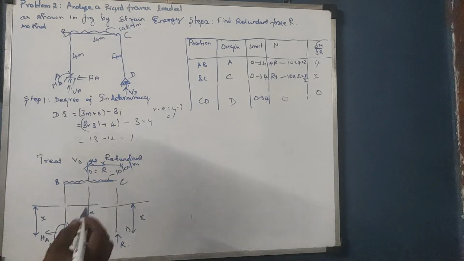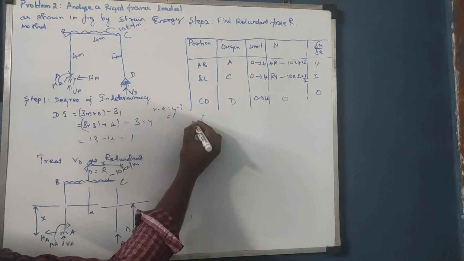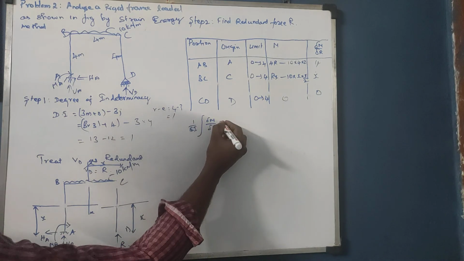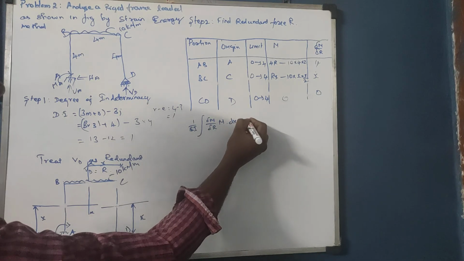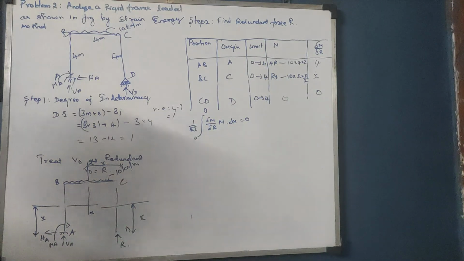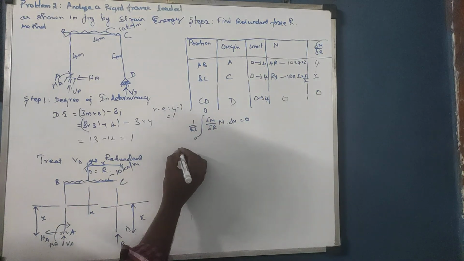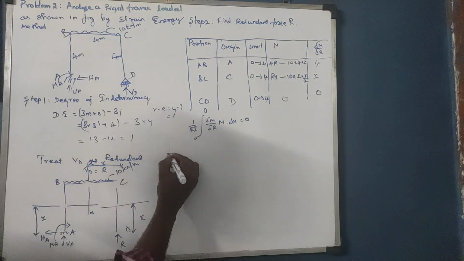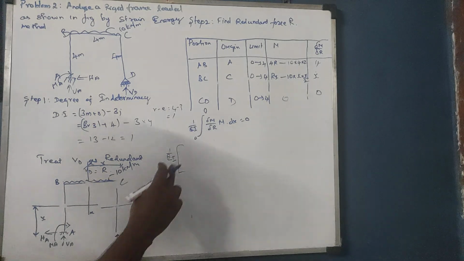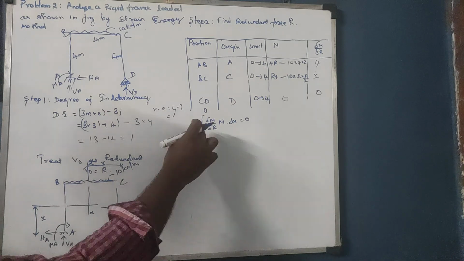Now, we know that the redundant force can be calculated from the following relationship: 1 by EI into integral of dou M by dou R, M into dx, equal to 0. For the first section, keep 1 by EI in common.